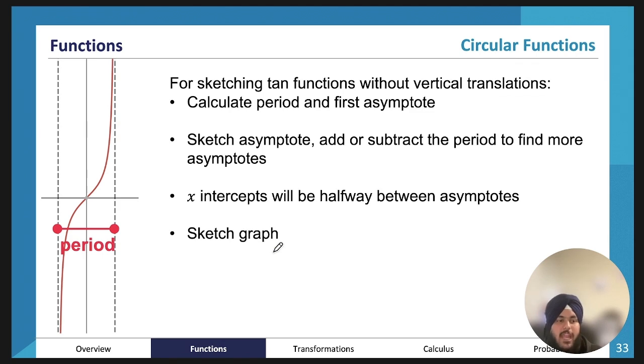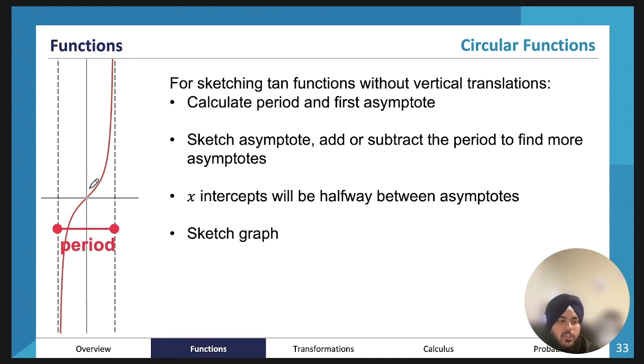So here is what the tangent function will look like. For sketching tangent functions, it's important that we have the vertical distance between the period and the first asymptote, that we sketch asymptotes, add or subtract the periods to find more asymptotes, and that we draw for the entire given domain. We also need to make sure that the x-intercepts are halfway between asymptotes.